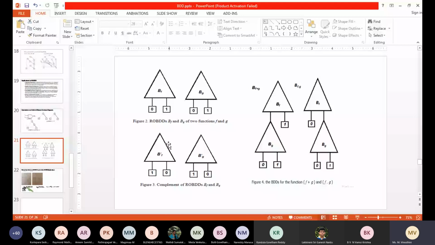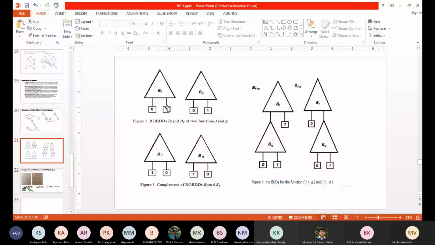So what you have to do is copy down the BDD as such. All the root node, intermediate nodes, connections, everything you copy down once again. The change you need to make is at the leaf nodes. Wherever you have 0, replace it with 1. Wherever you have 1, replace it with 0.